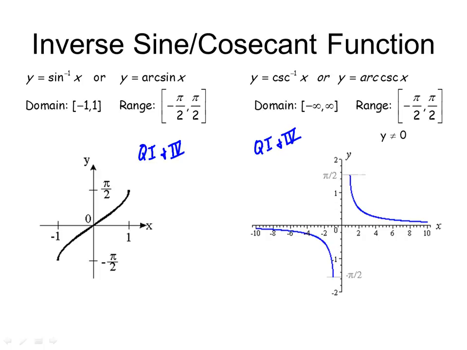And then, of course, your 3 pi over 2, that's going to be negative pi over 2. So, you're going to use 0 to pi over 2 and 0 to negative pi over 2. Quadrants 1 and 4.